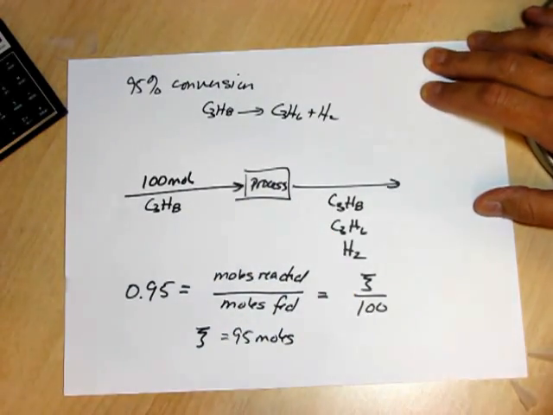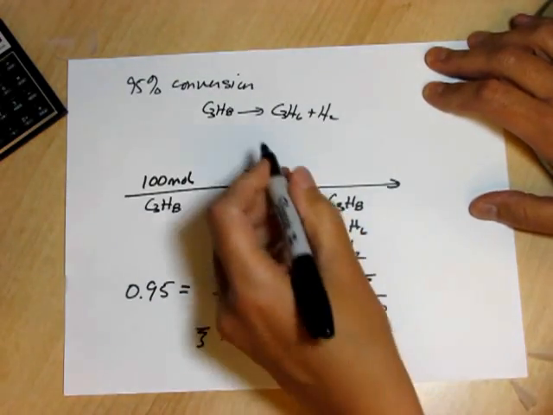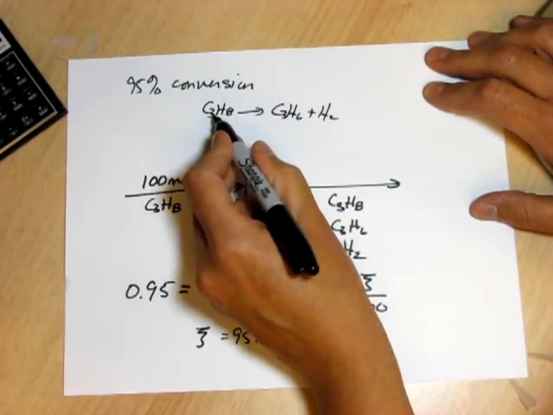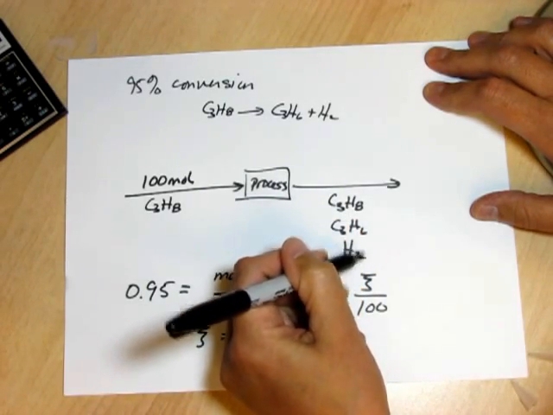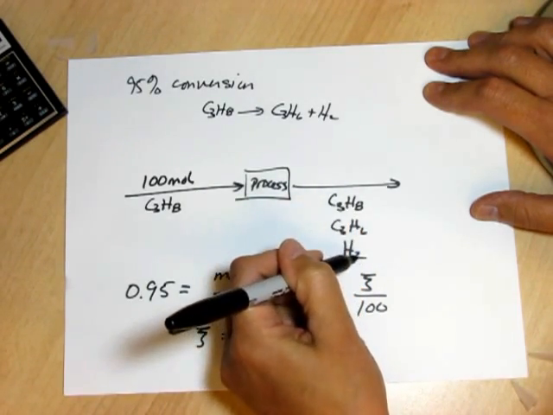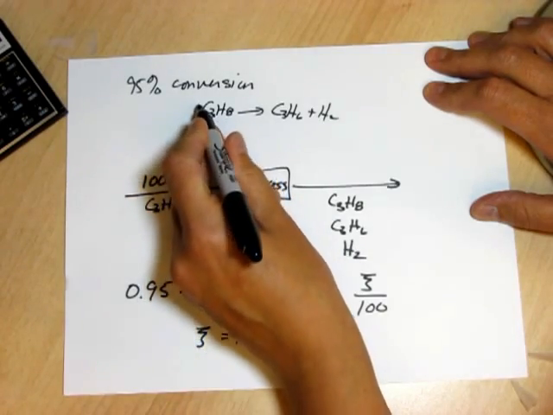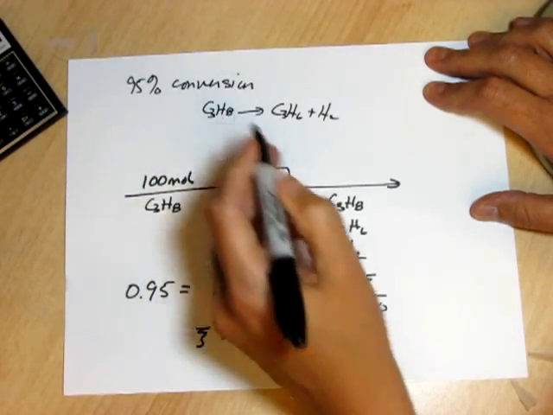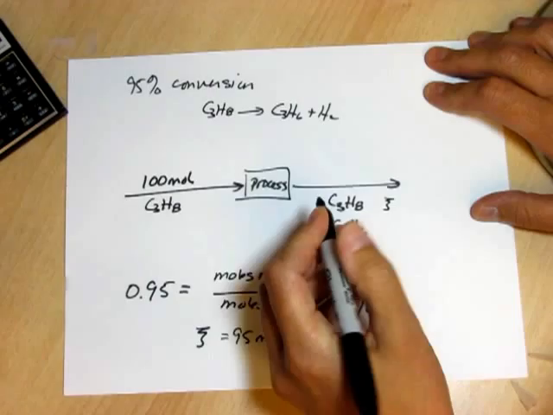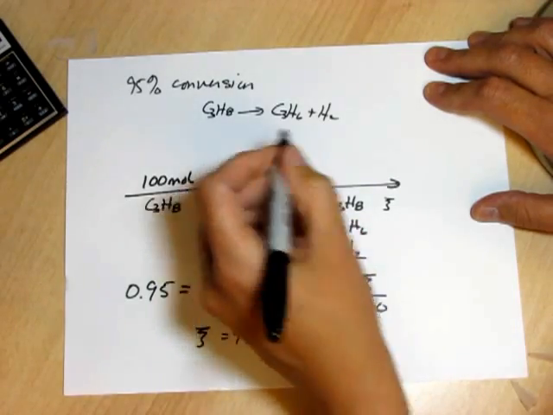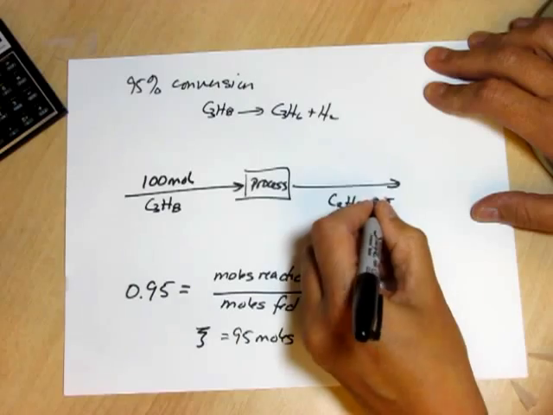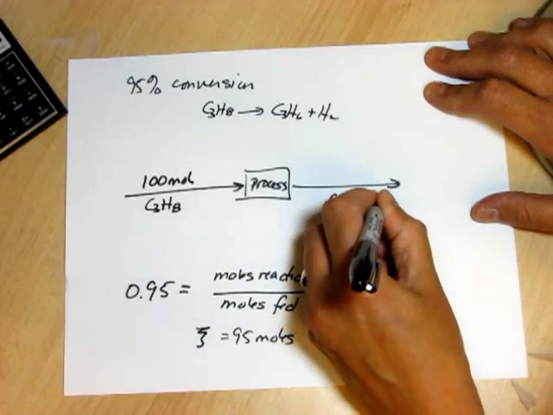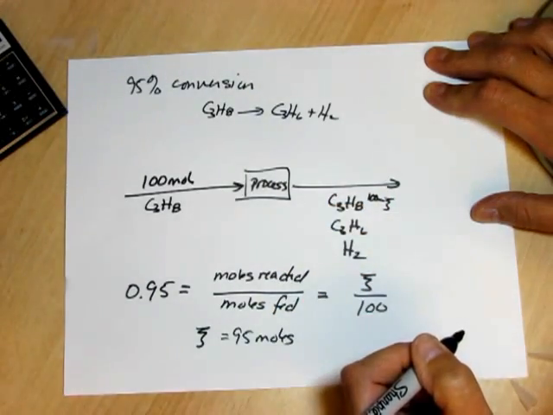Again, using the extent of reaction methodology, we can write in terms of extent of reaction all of the entities in the product stream. And so there is the stoichiometric coefficient times xi moles of each, it equals the moles reacted. So we started off with 100 and we lost xi moles of propane.